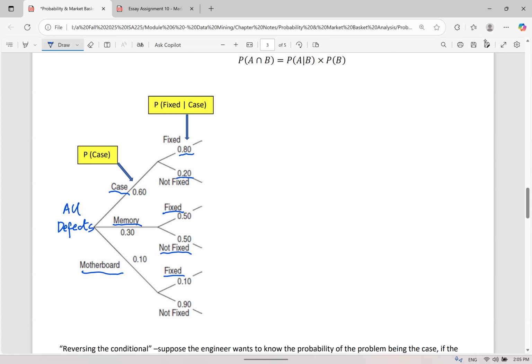It's based on previous experience. Now let's think about each kind of probability. When we talk about these 0.60, 0.30, 0.10, what kind of probability are they? Are they marginal, joint, or conditional probability?